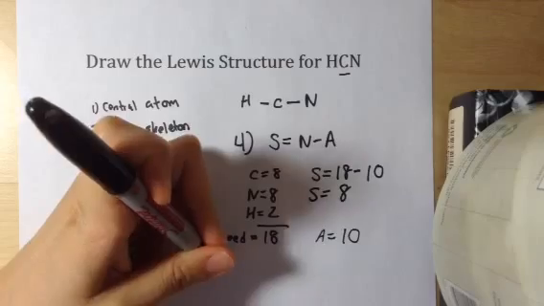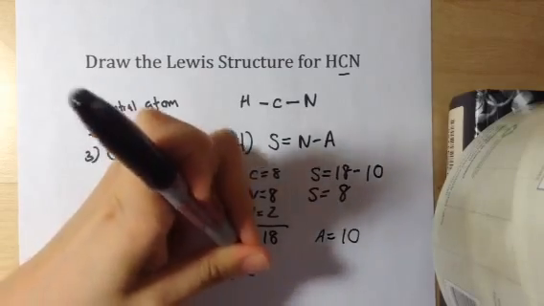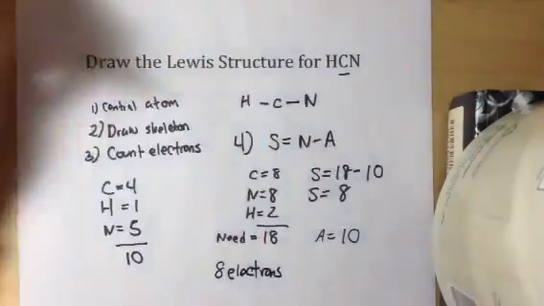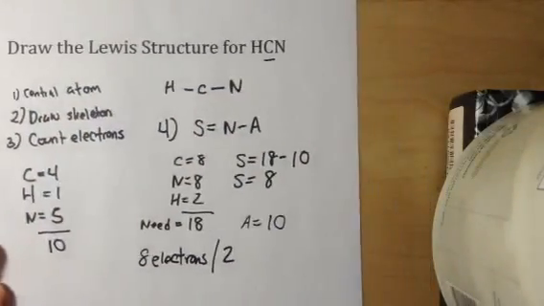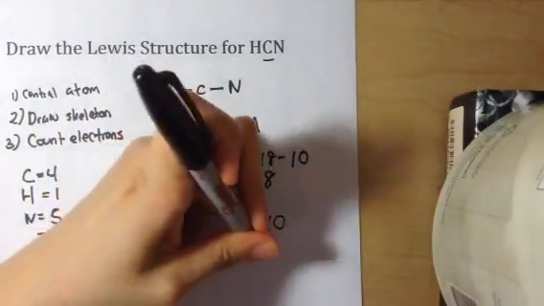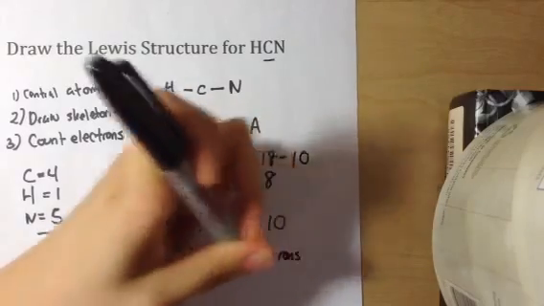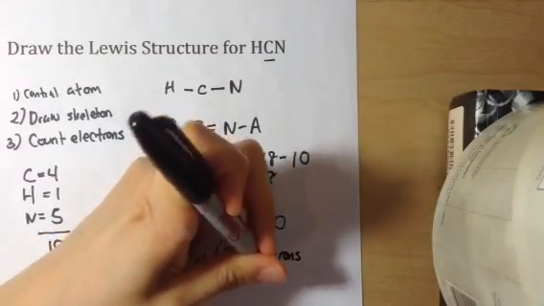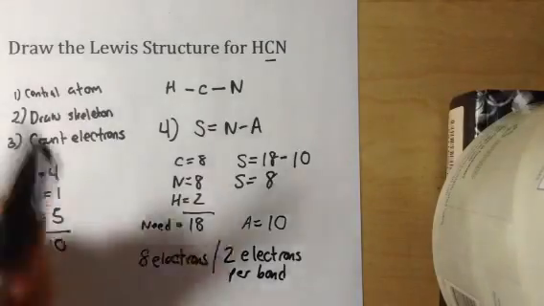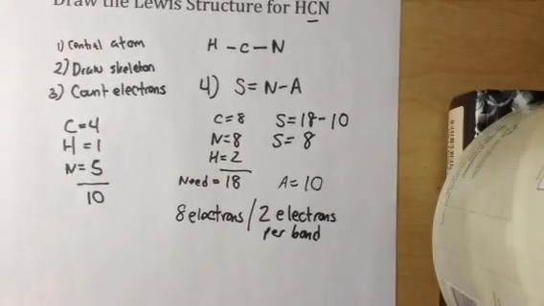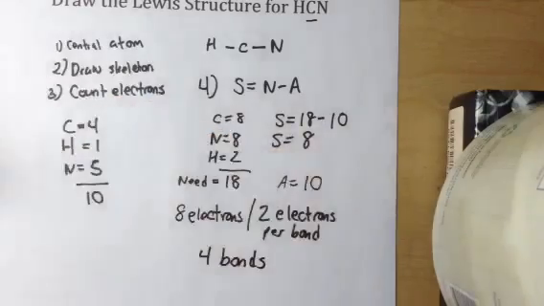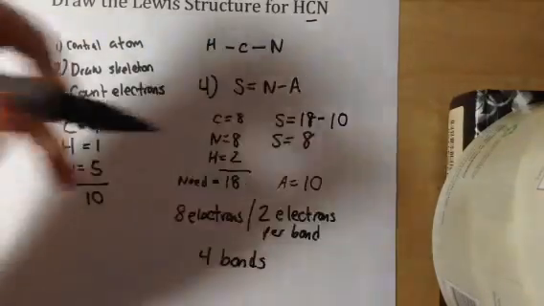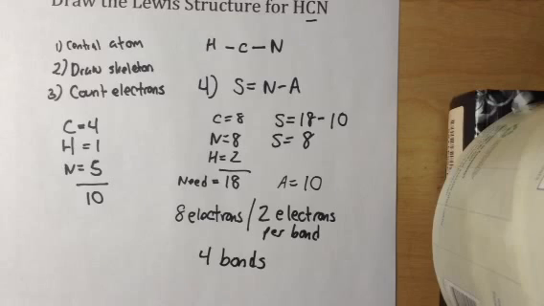So 8 electrons divided by 2 electrons per bond gives us 4 bonds. So this Lewis structure, HCN, is going to have 4 bonds.